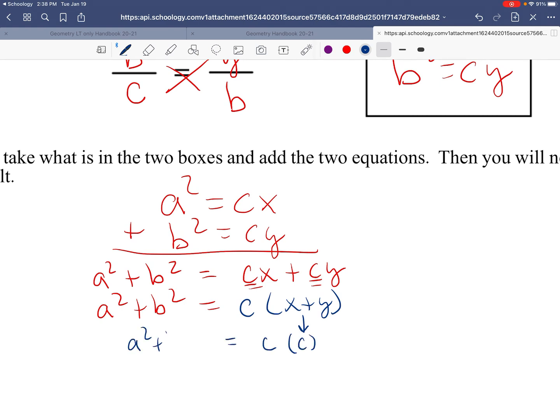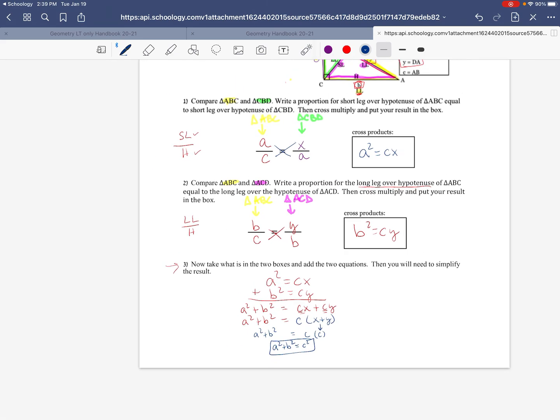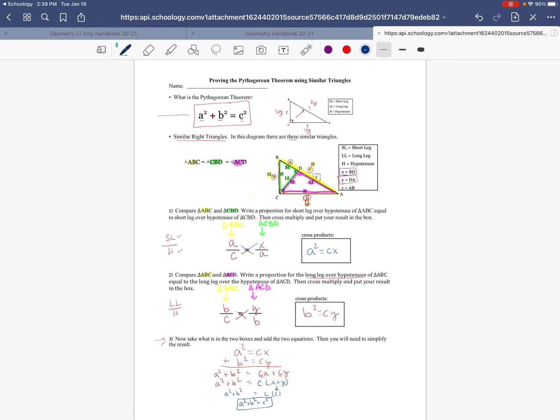So I get a squared plus b squared is equal to c times c. That's a squared plus b squared is equal to c squared. And what is that? That is the Pythagorean theorem. So this is a proof of the Pythagorean theorem using similar right triangles.